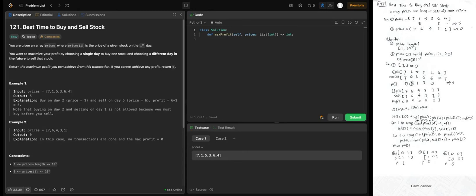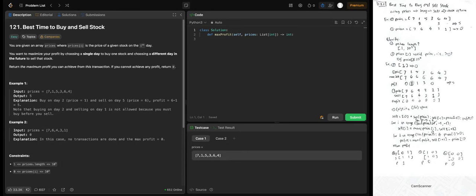Okay, so sell[i] would be prices[i], and then with sell[i+1], we take the maximum of it. In this case, it will be 6, and so on and so on until the first day we will have 7, but we don't even need that because we're not gonna sell on that day, but it's fine.